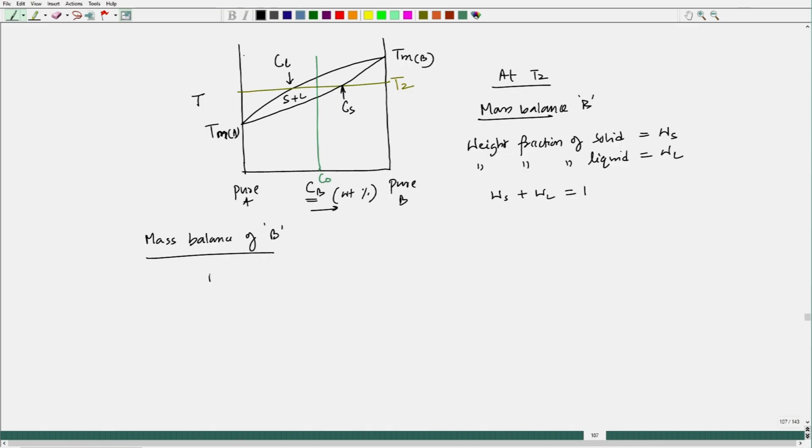So, the B content in solid fraction is equal to the solid composition Cs into Ws, and the B content in liquid fraction is equal to Cl into Wl.